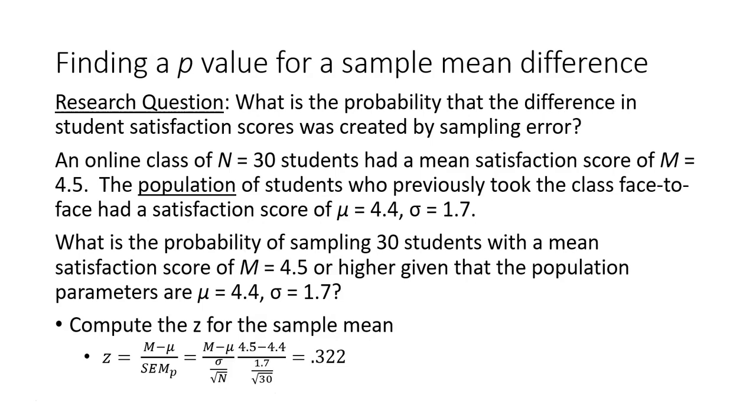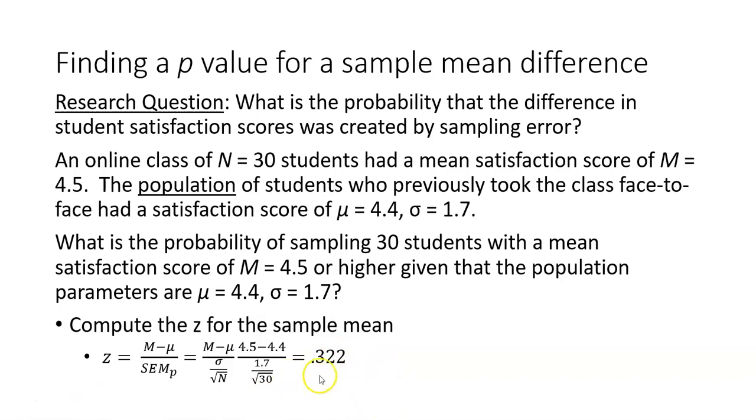And then we divide that by the typical amount of sampling error. That's what the SEM is. It's the average or typical amount that any given sample mean of that size we would expect to deviate from the population. So if we compute this number, we get this z-score here.